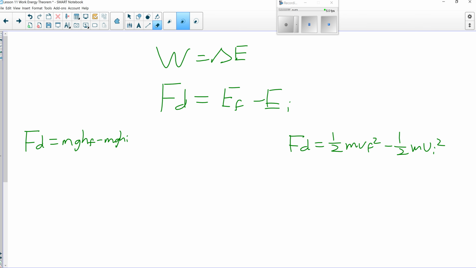And oftentimes, if we're having to solve for a height, or something like that, one of these energies will be zero, like it starts from the ground. If the question is a potential energy question that starts on the ground, what's my initial potential energy? Zero. If we start on the ground, h initial would be 0, and anything multiplied by 0 is 0.